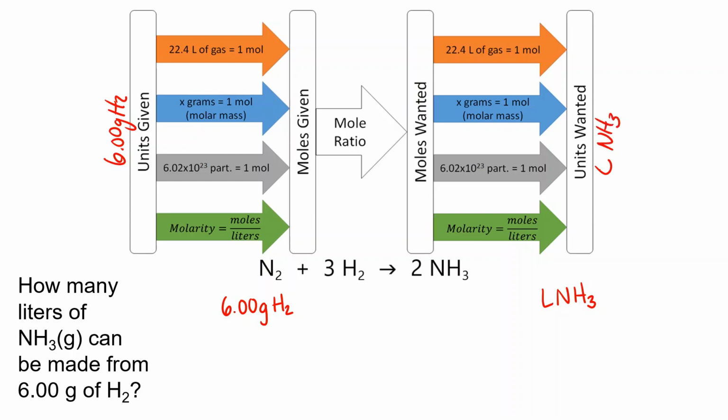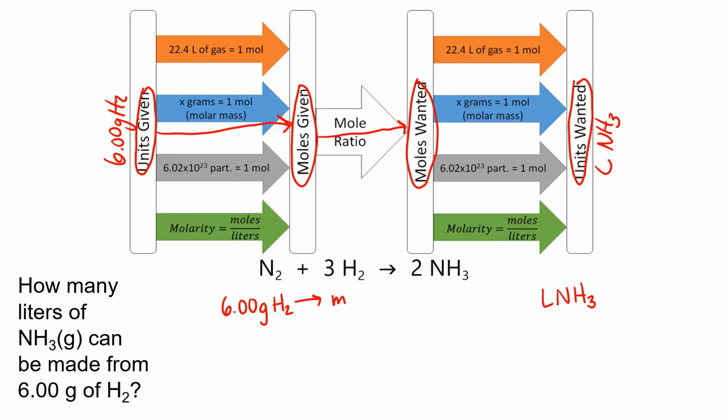So in order to do that, I'm going to need to take those units I was given, convert them into moles. Then I can do a mole ratio to get moles of ammonia. And then I can do another conversion factor to get liters. So this is our plan here.